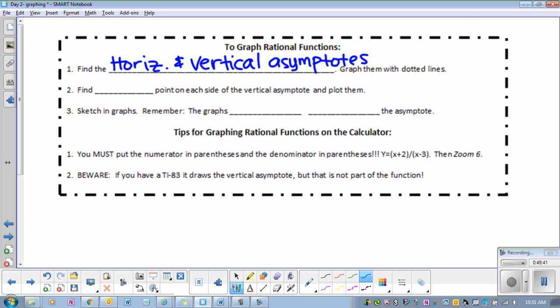And I know that this is a whole lot, so when we go to graph it, how about we just find one point on each side of the vertical asymptote, and then we just plot them. Then we'll sketch. Okay? So find your asymptote, and you're going to put 1 point above the asymptote and 1 point below. Now, we're going to sketch in the graphs, and remember that the graphs do not cross the asymptote. Right?